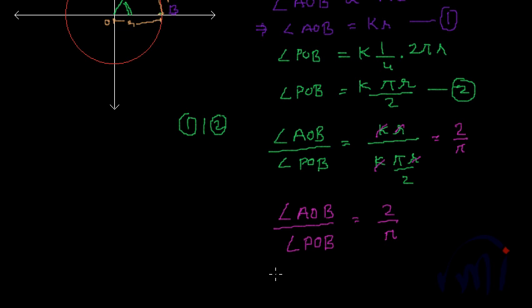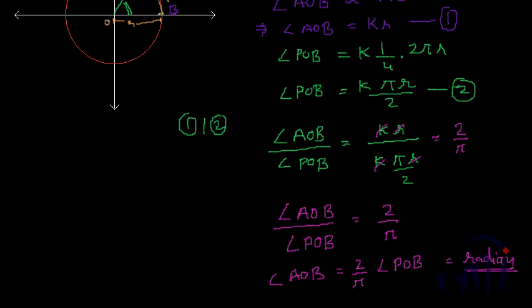That means the angle subtended by the radius of a circle at the center is equal to 2 by pi times the right angle, that is angle POB. This proves that the angle subtended by the radius at the center of the circle is always a constant, and that angle is called a radian.